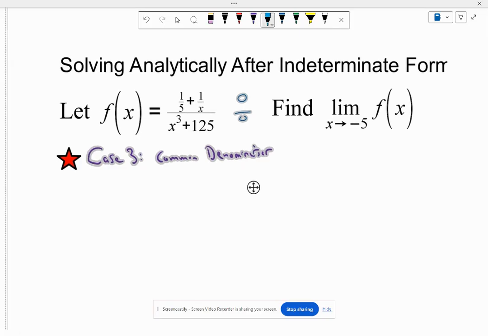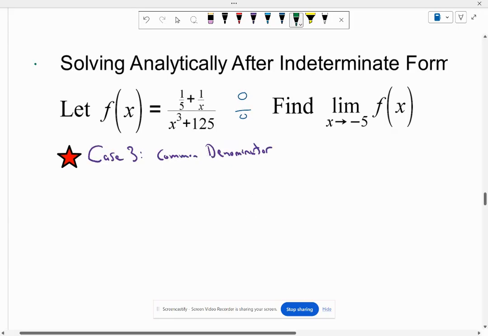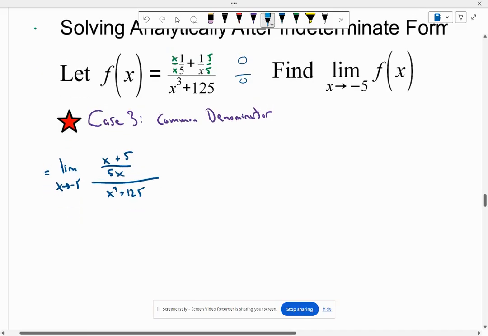So the common denominator is going to be 5x, so I'm going to multiply the top and bottom of this piece by x and the top and bottom of this piece by 5. So I'm trying to find the limit as x approaches negative 5 of this function, which I can rewrite as x plus 5 divided by 5x, all divided by x cubed plus 125. I'm going to do the keep, change, flip step.